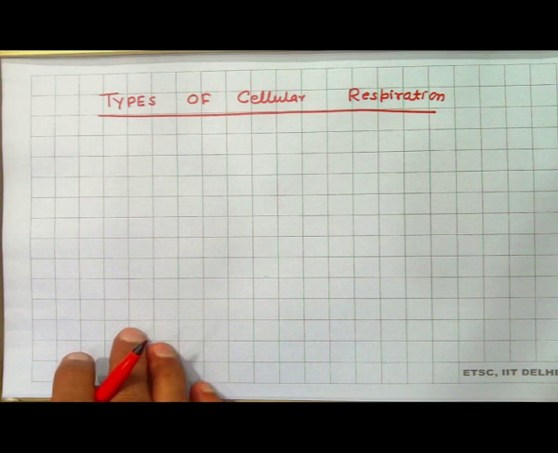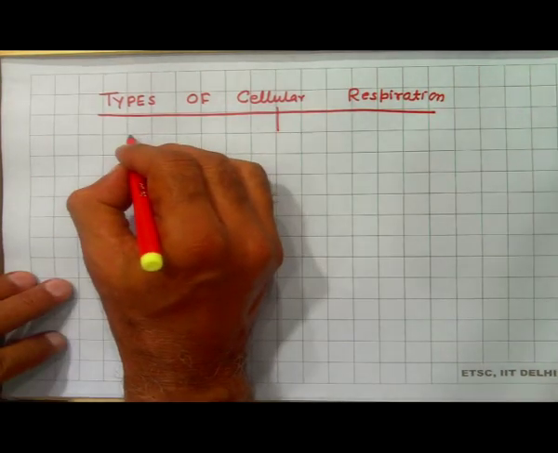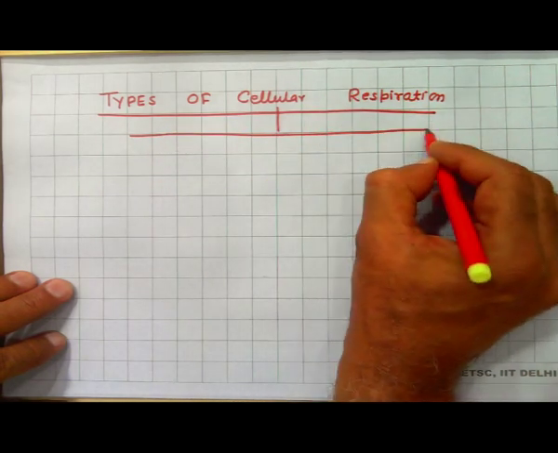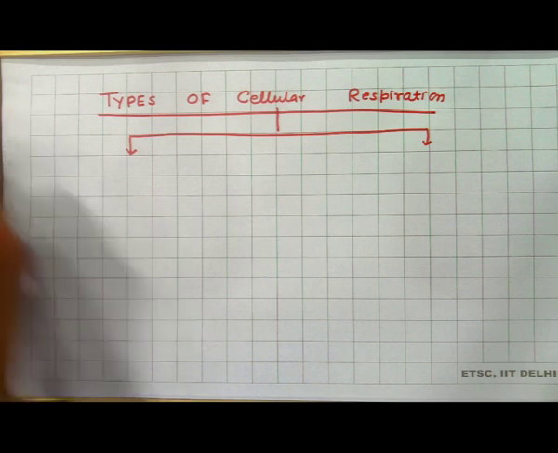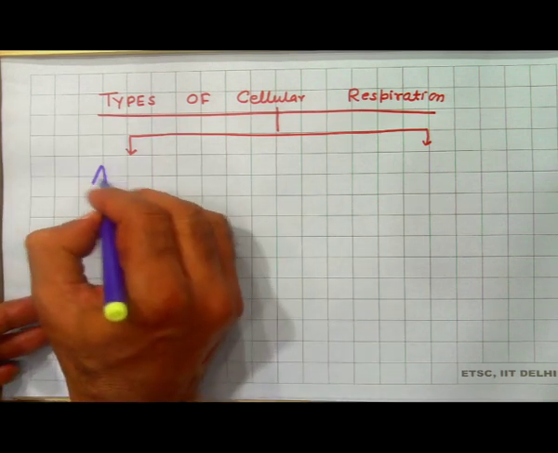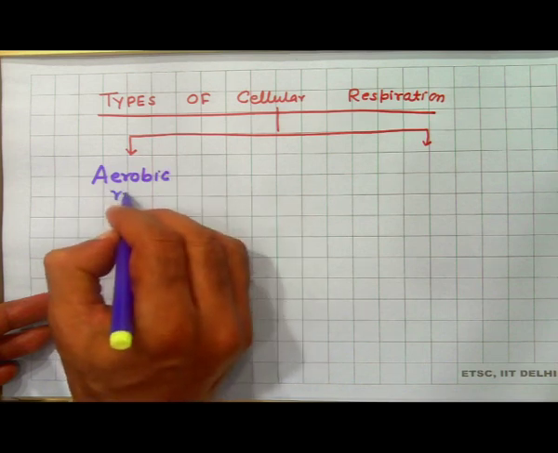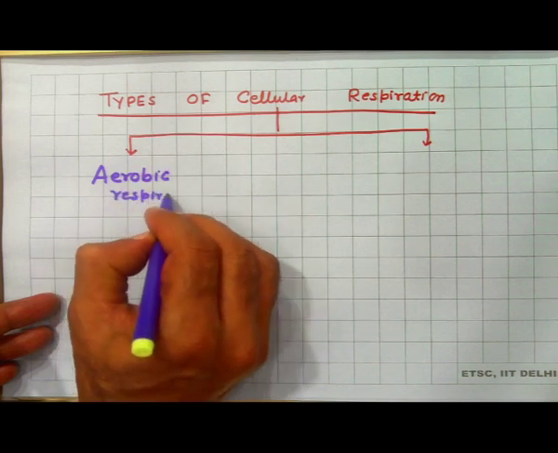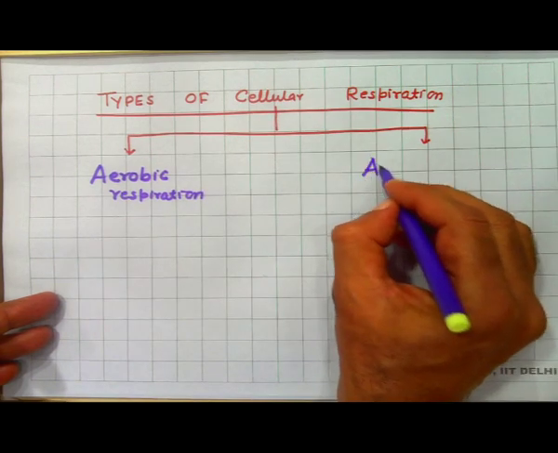According to the dependence on oxygen, cellular respiration is of two types: aerobic respiration and anaerobic respiration.